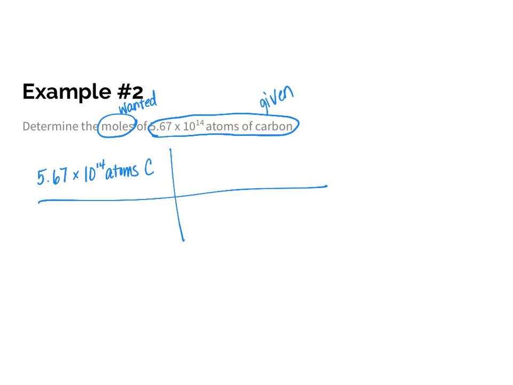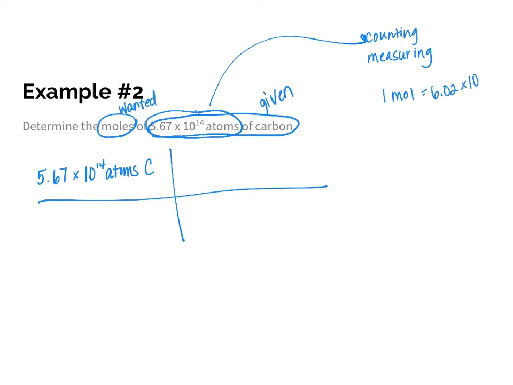From here now, I have to decide which conversion factor I'm going to use. So remember that there's the counting conversion factor and there's the measuring conversion factor. Well, here it's talking about a number of atoms. So therefore, that tells me I'm going to use the one that was counting. So remember that 1 mole of anything is going to be 6.02 times 10 to the 23rd, and in this case, we're going to do atoms of carbon.